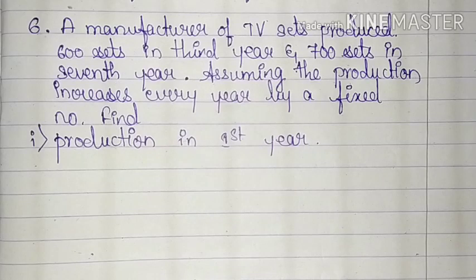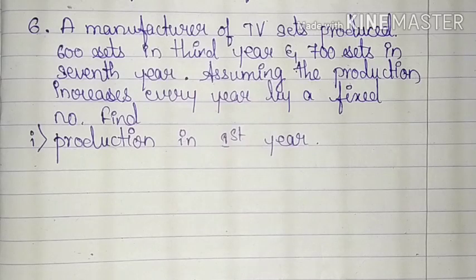In the sixth question, a manufacturer of TV sets produced 600 sets in third year and 700 sets in seventh year. Assuming the production increases every year by a fixed number, find. There are three sub-questions. The first sub-question is production in first year.